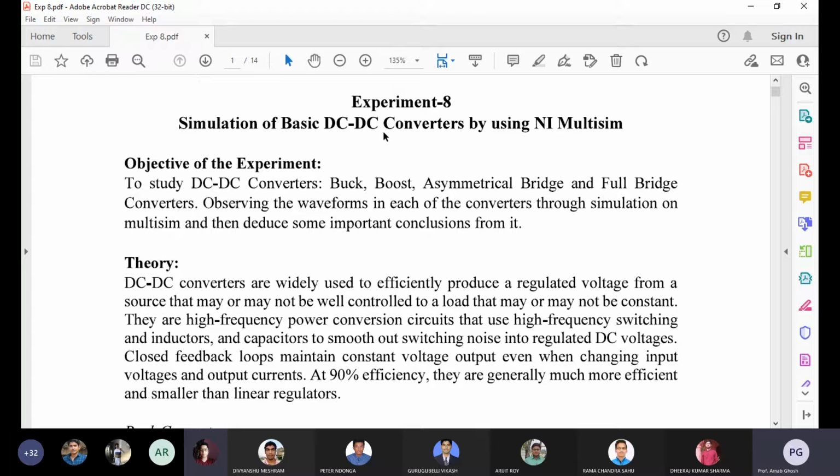Buck-boost means both step up and step down are possible just by varying the duty cycle, below 50% and above 50%. Their configuration and working change from step down to step up or vice versa.